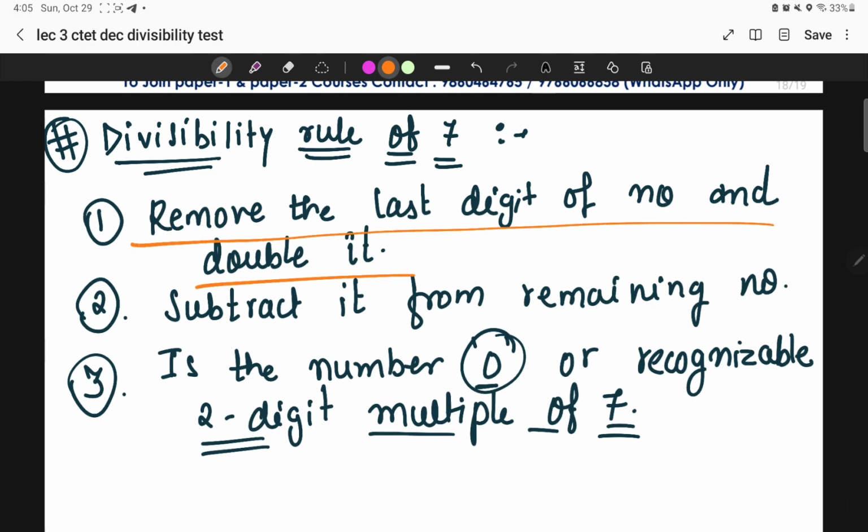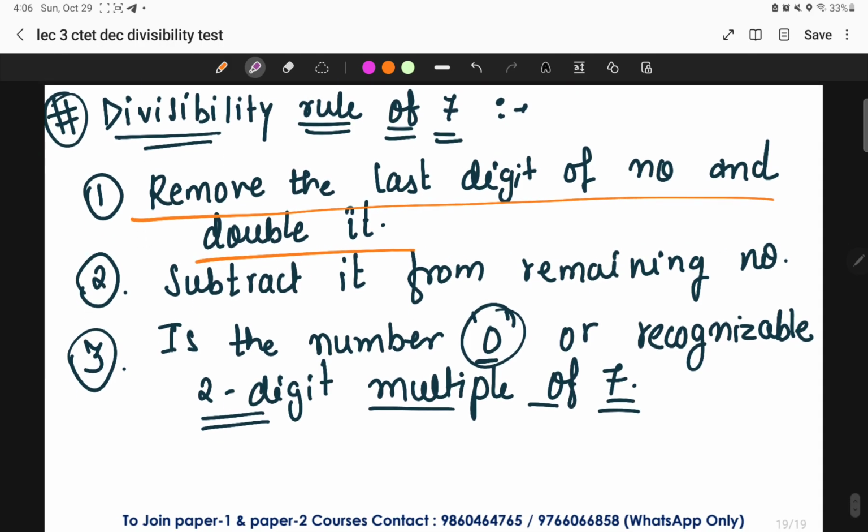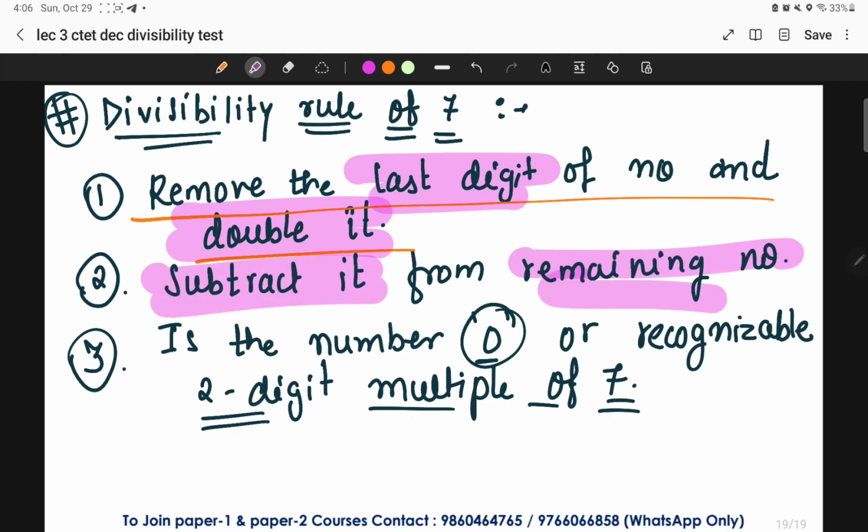Once again, in this divisibility rule of 7, you have to remove the last digit of the number. For example, if the last digit is 4, you remove it and double it, so 4 converts into 8. Then we subtract the 8 from the remaining number.